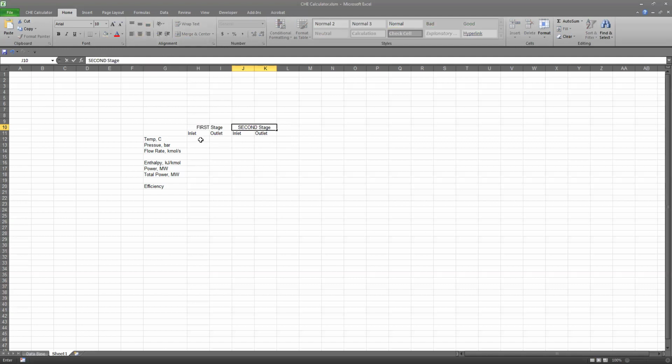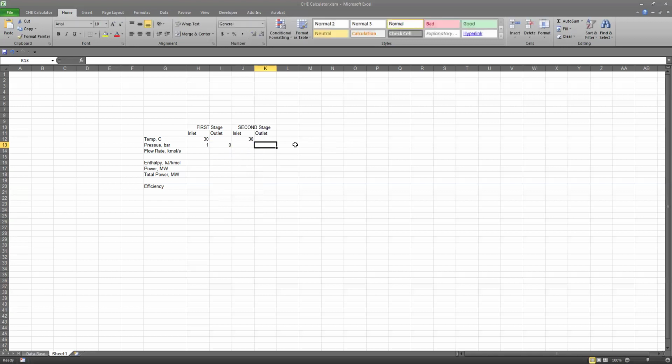So for the temperature, the inlet is 30 degrees C for both stages. The inlet to the first stage is 1 bar. The outlet of the first stage is the square root of the inlet times the final pressure.